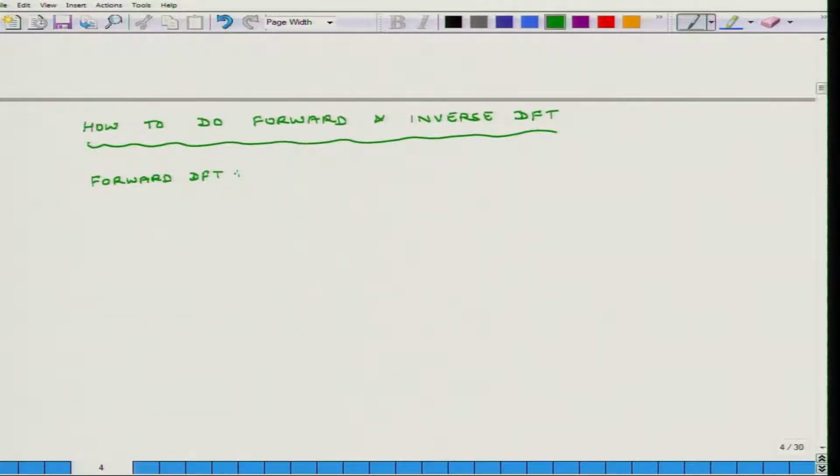Here we convert data in the time domain to the frequency domain. Okay. And the relation for this we have discussed earlier. So, I am just going to cite it, but I will not explain it. So, the relation to do this is this thing.